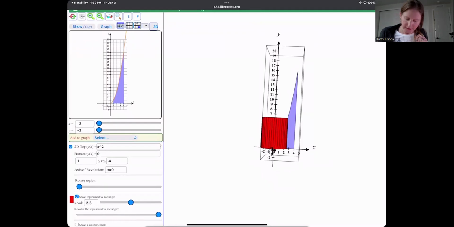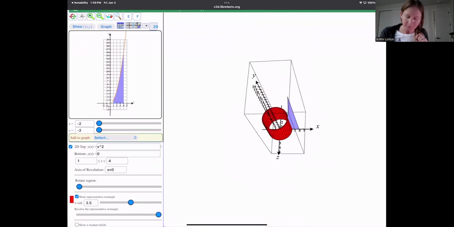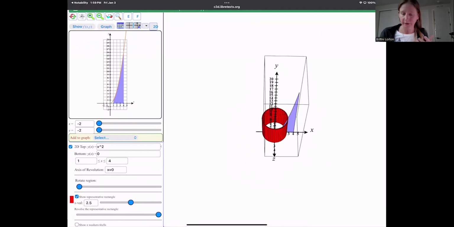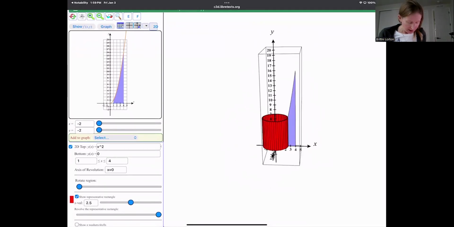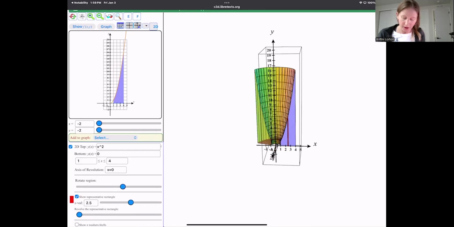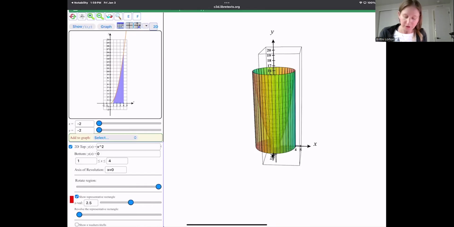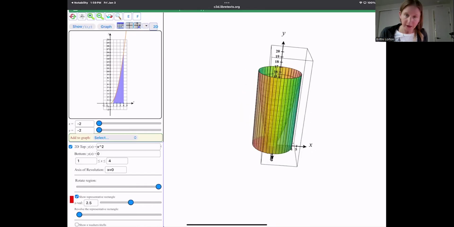Hopefully you can see there that that really did create a shell or a cylinder. That definitely created a Pringles can or whatever you might want to think of that as. And that's what we're revolving all the way around. That was just one sliver. Of course, we're going to have to do that for all of them.